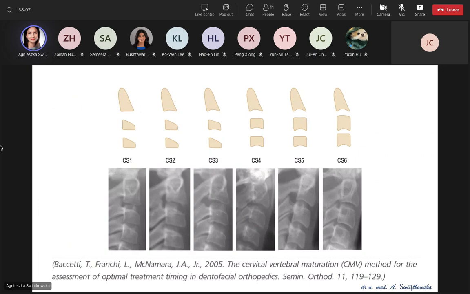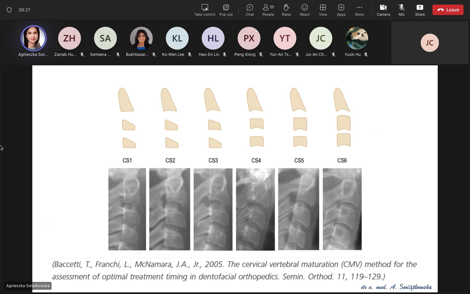Okay, you should remember that if we are thinking about functional treatment, class 2, it's very important to start this treatment when the patient is in the spurt of the growth. What does it mean, the spurt of the growth?